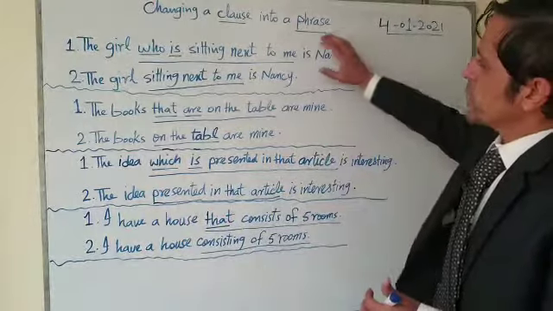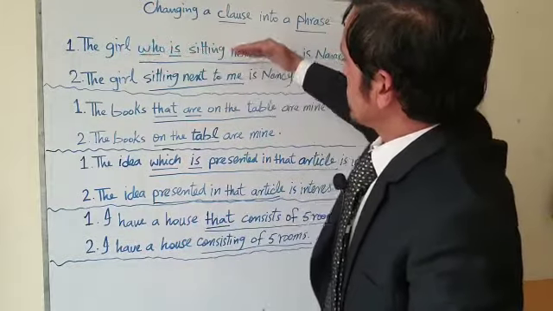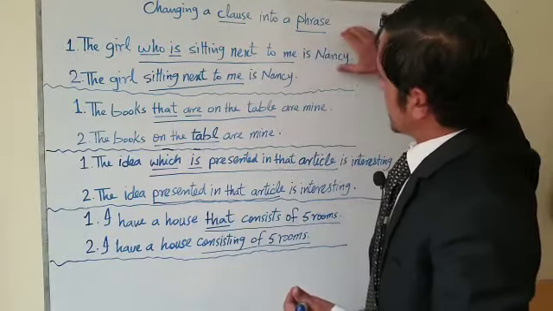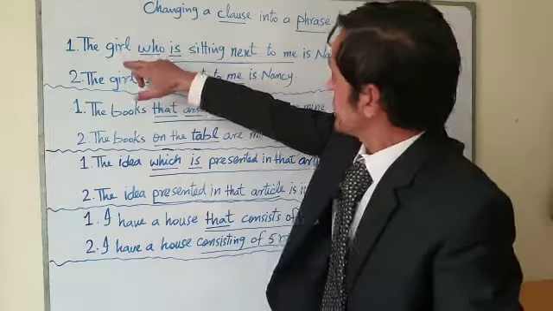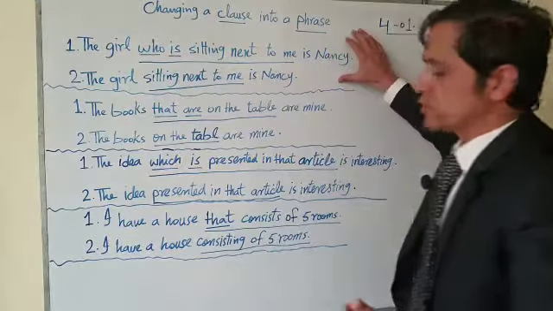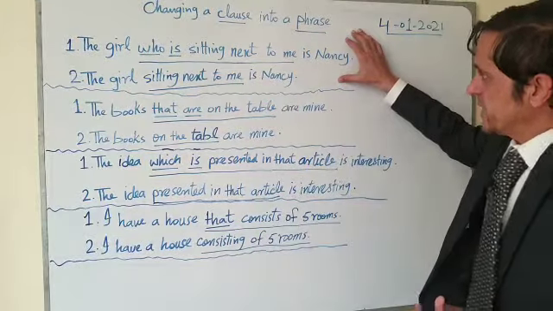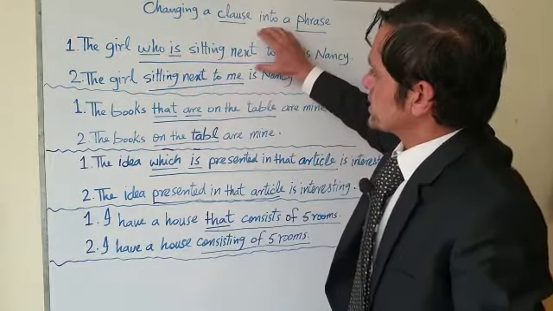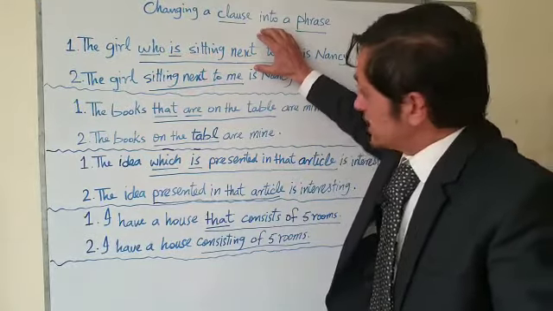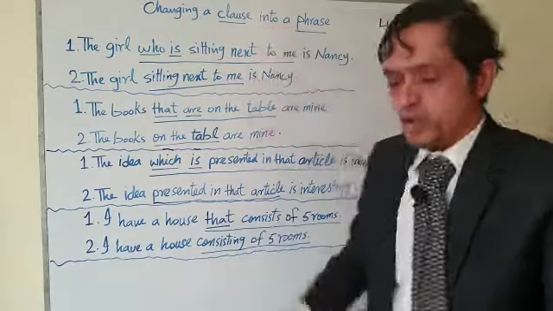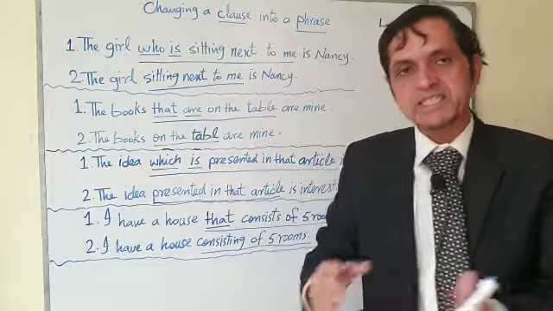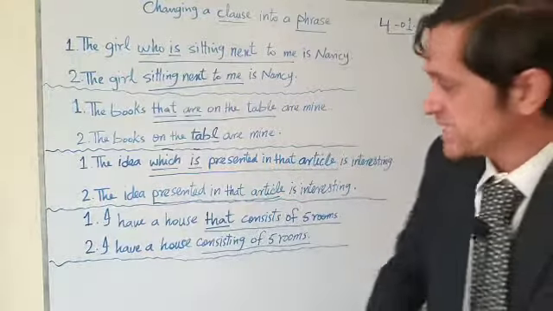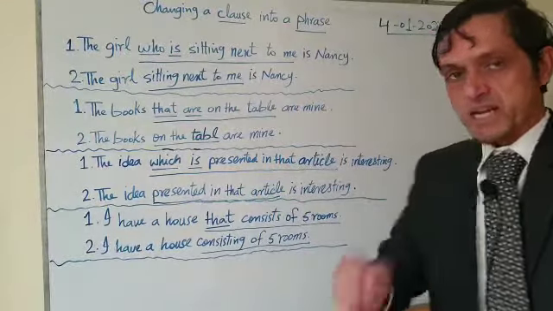Now here, the girl who is sitting next to me is Nancy. If you look at this sentence, the girl is Nancy. This is a complete sentence. But this one, who is sitting next to me, is not a complete sentence. This is a clause. How will you know which one is a complete sentence and which one is a clause?